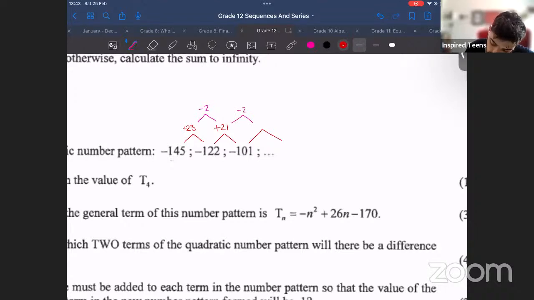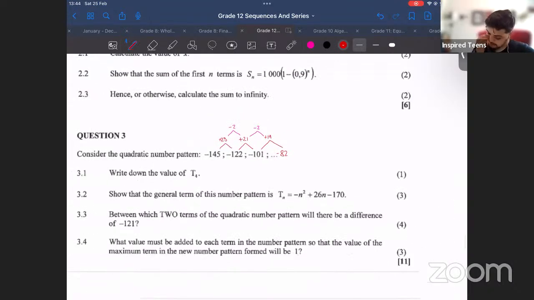I need to minus 2 from 21, which becomes plus 19. Then I say -101 plus 19, and I get an answer of -82. Hope that makes sense. -82. All right, cool. Let's move on to the next one.